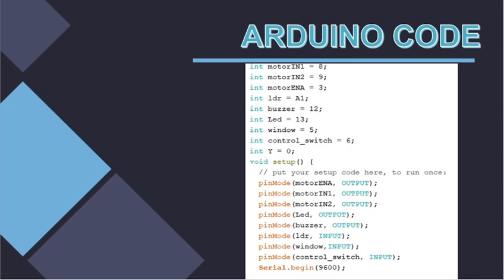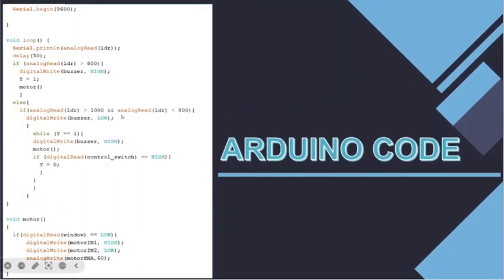The serial begin is given for the baud rate. Next, in the main loop of our program, we can see there is an if else loop.